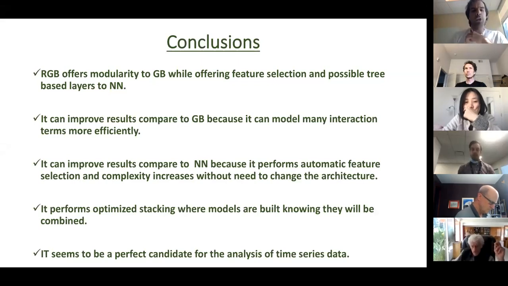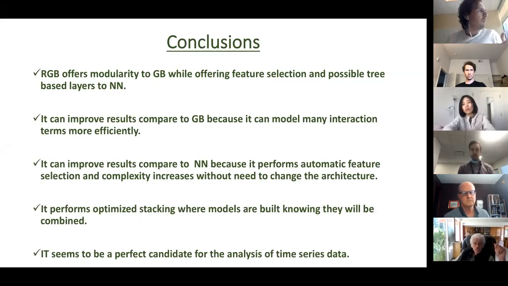And finally, which is probably the most important practical result, especially for medicine, is that you can do optimized stacking, which is that you build the different channels together, knowing that you're going to combine them with the output function, instead of building them independently and later combining them.